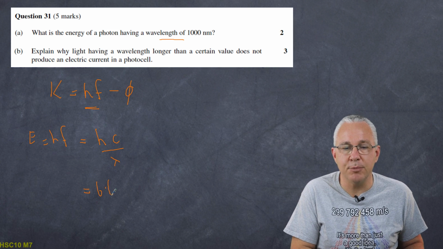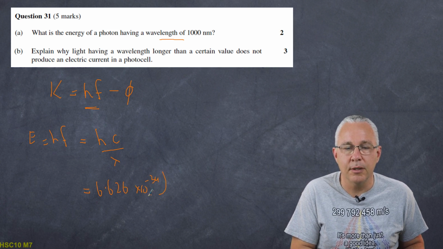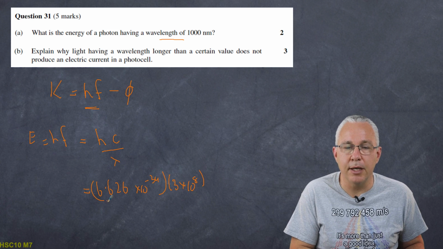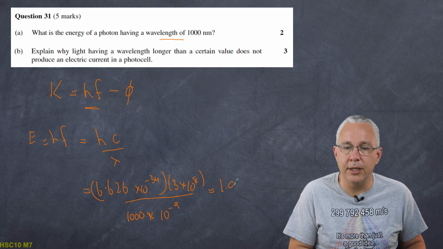And so now you have 6.626 times 10 to the power of negative 34, that's our Planck's constant. We multiply this by the speed of light and divide by the wavelength. The wavelength is 1000 nanometers, so multiply that by 10 to the power of negative 9. And you're going to get an answer of 1.99 times 10 to the power of negative 19 joules.